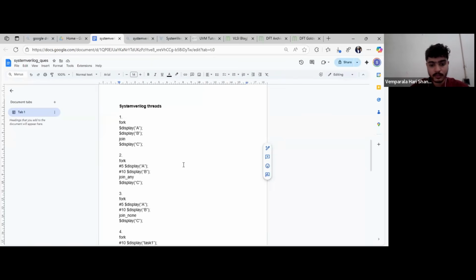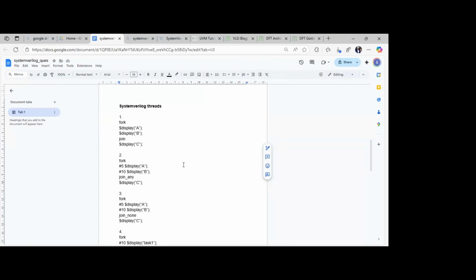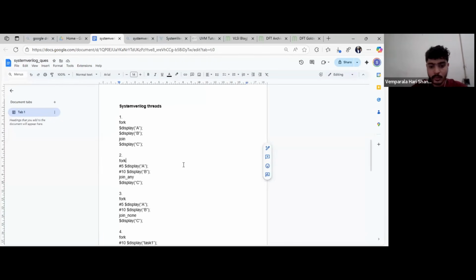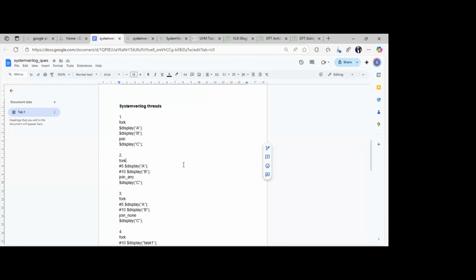Okay, okay. Because the parent has to wait until the first child is done. The first done is A at T equal to 5. Only then C will be executed, and then the thread will again be executed. Do you understand?